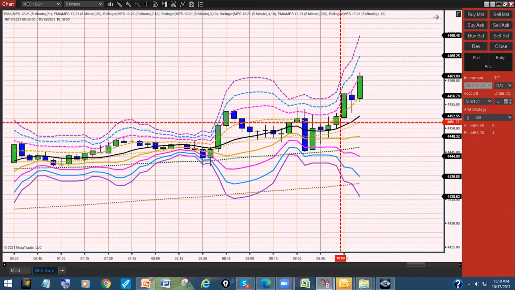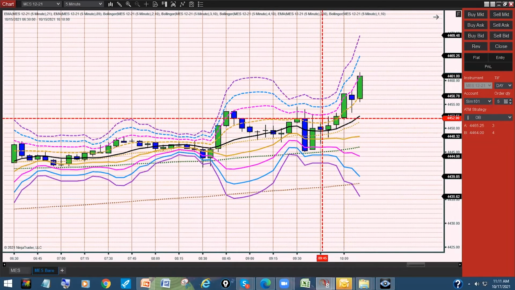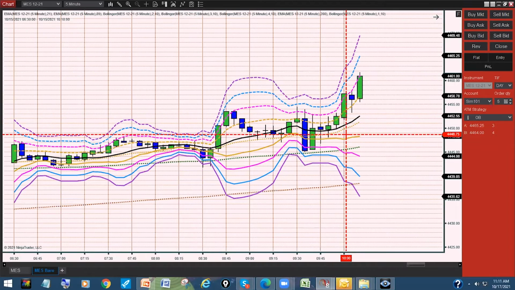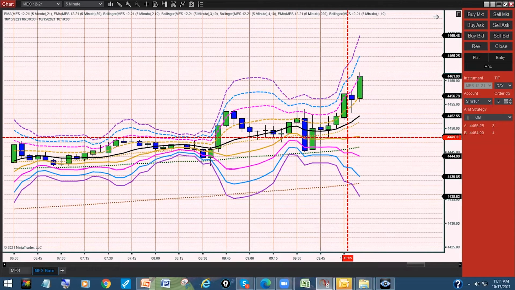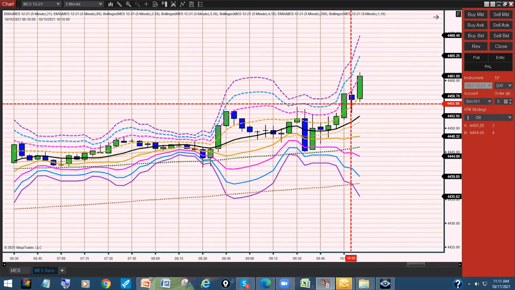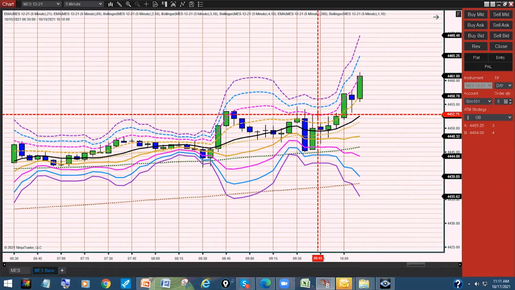And because of that, it started pulling the mean up. And because this price action was biasing the calculation for a standard deviation, the standard deviations started getting bigger. And as they get bigger, you can see the Bollingers begin to flare, right?